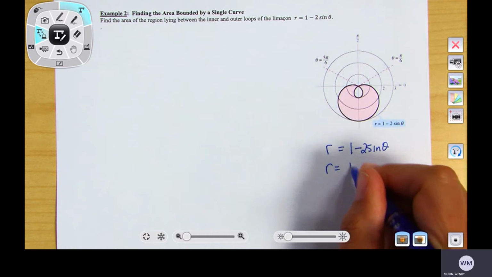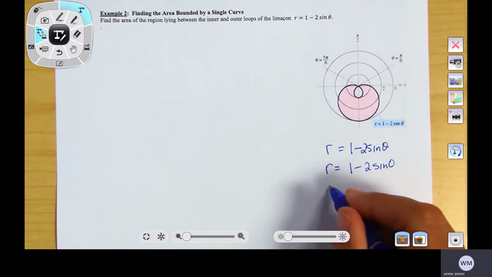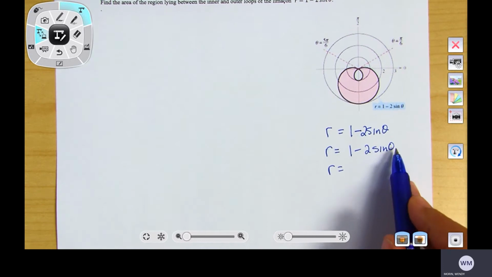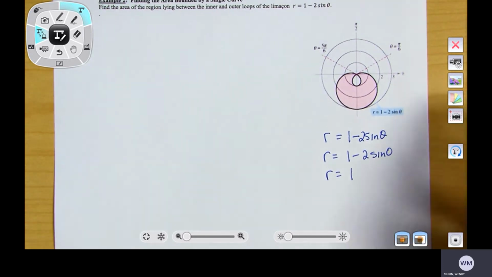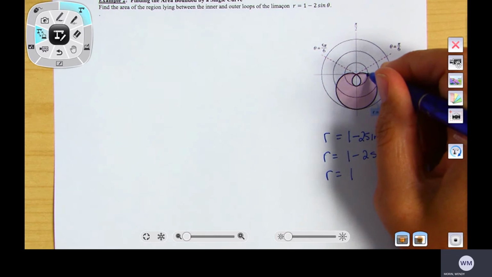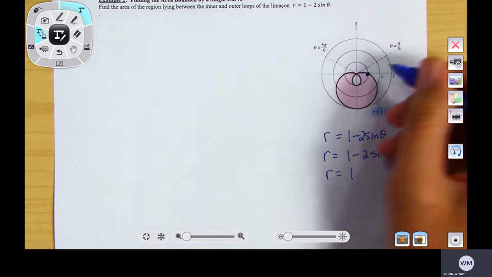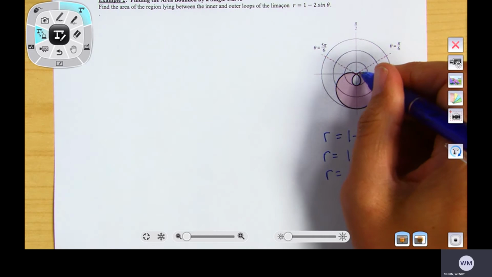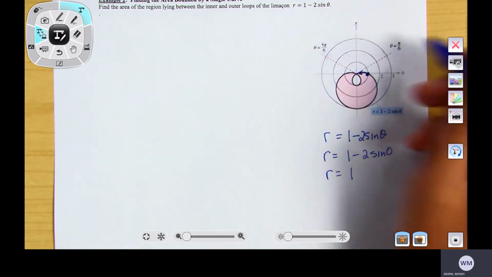What is our R value when our theta is 0 radians? Well, the sine of 0 is 0, so we end up getting a radius of 1. So this is our starting point right here. And it says that we get to the pole at theta equals pi over 6.